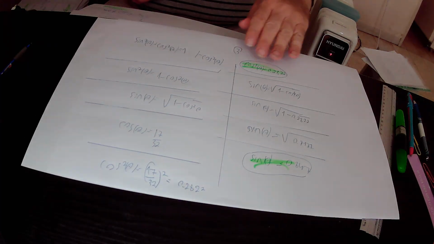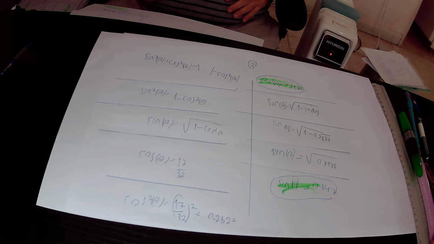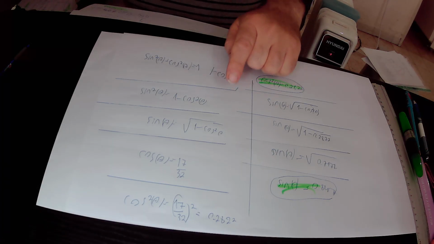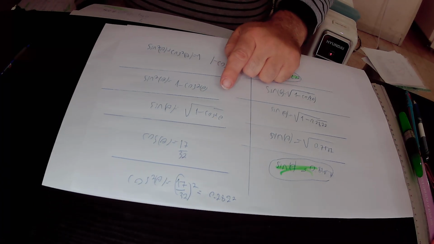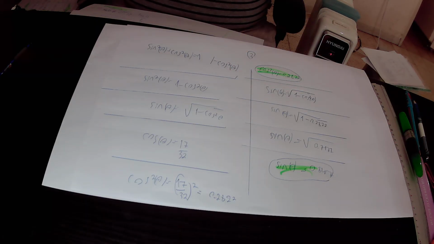We have the trigonometric identity that says that sine square theta plus cosine square theta equals 1. So here we subtract cosine square theta, and we find that sine square theta equals 1 minus cosine square theta. Then we take the square root, and we find that sine theta equals the square root of 1 minus cosine square theta.